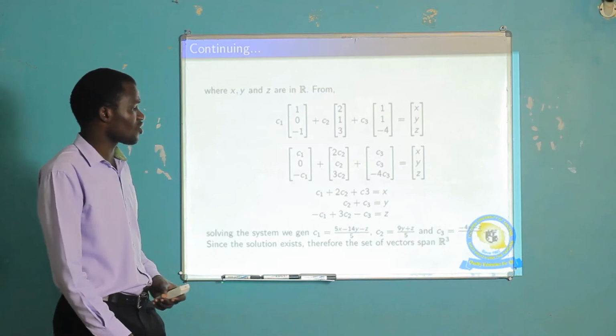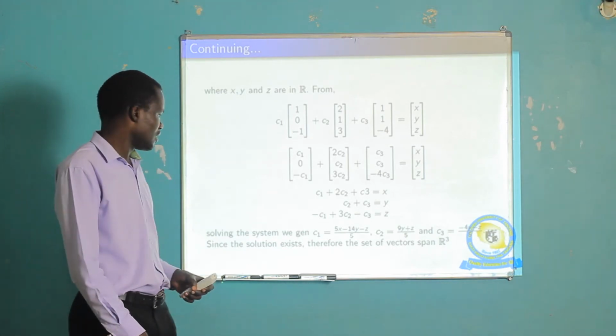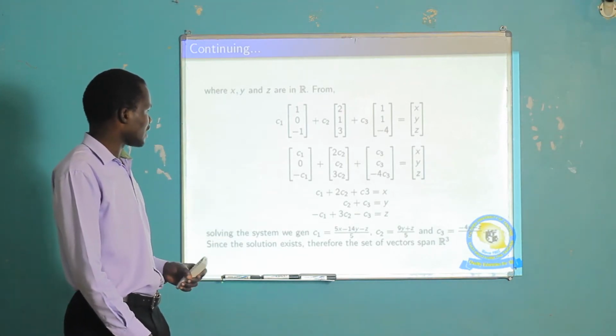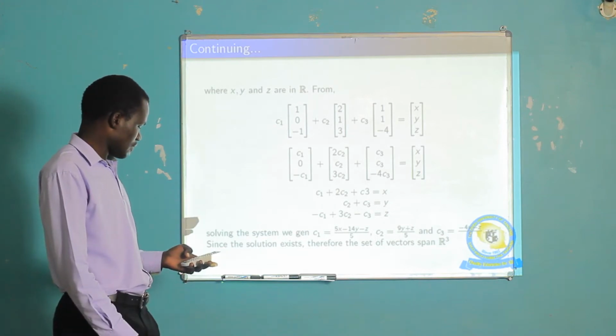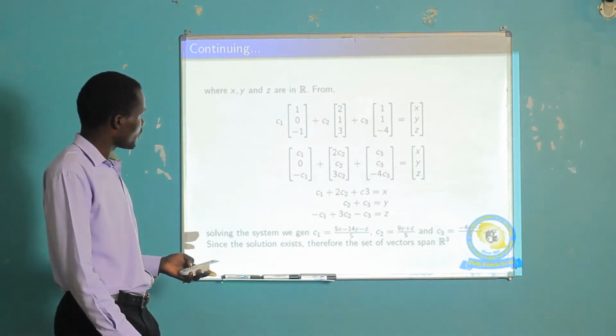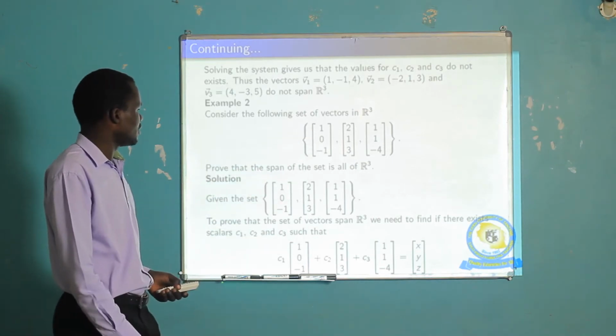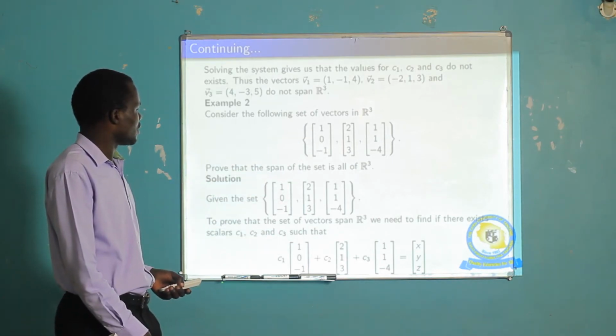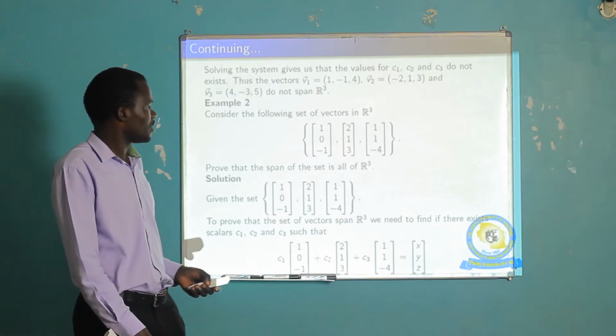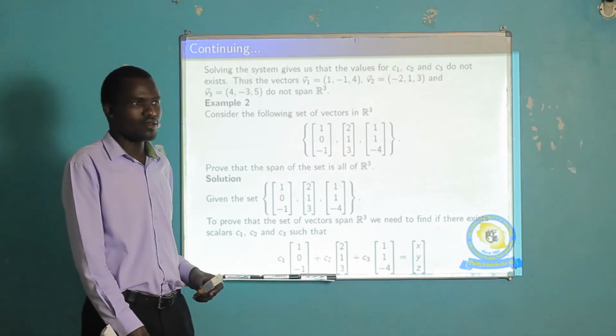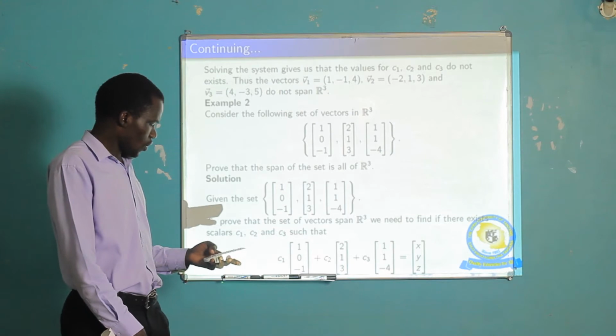So since this solution exists, we say that this set of vectors in R3 spans R3. Okay.